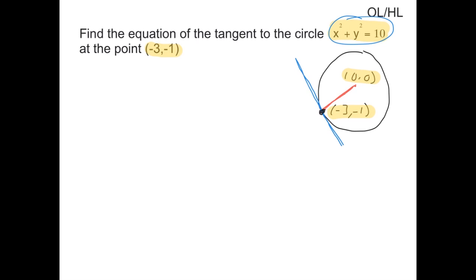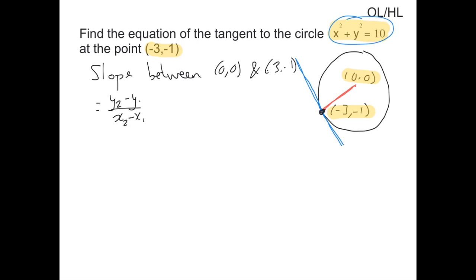To get our slope between 0, 0 and minus 3, minus 1, we're going to use our formula y2 minus y1 over x2 minus x1, or rise over run, which is equal to 0 minus our minus 1, our y1, over 0 minus our minus 3, our x1.